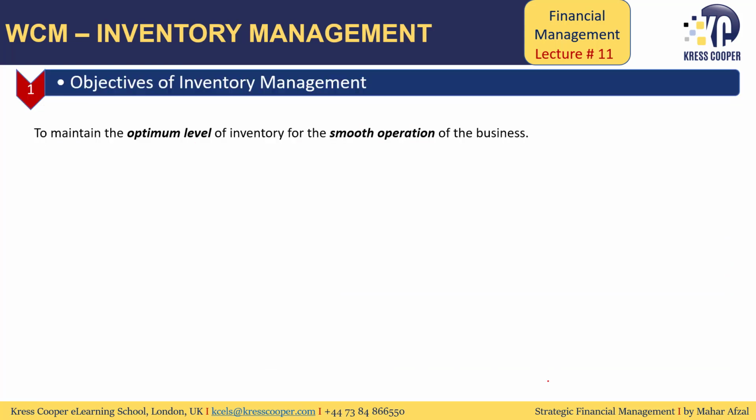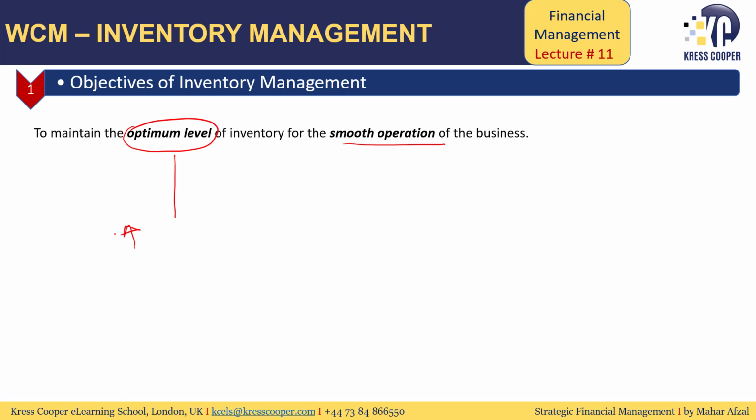The objective of inventory management is to maintain the optimum level of inventory for the smooth operations of the business at the minimum cost. When I say optimum level of inventory, it means if we are maintaining inventory more than the optimum level, cost will be higher.